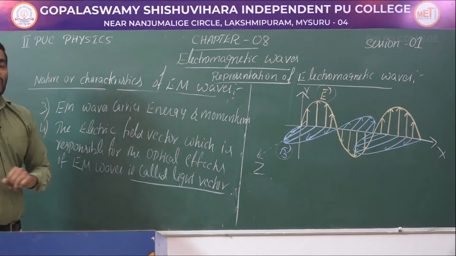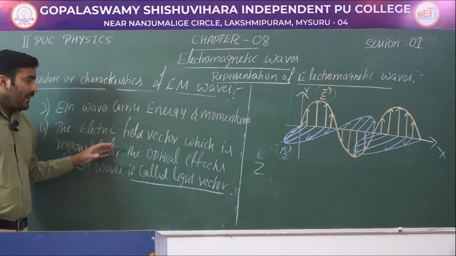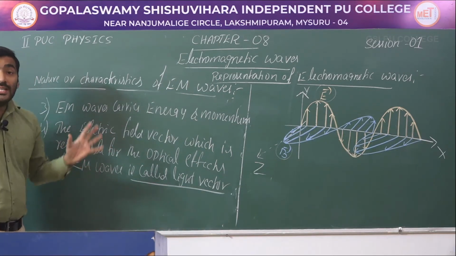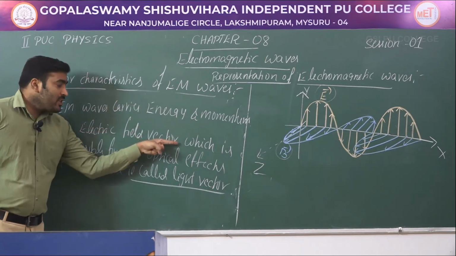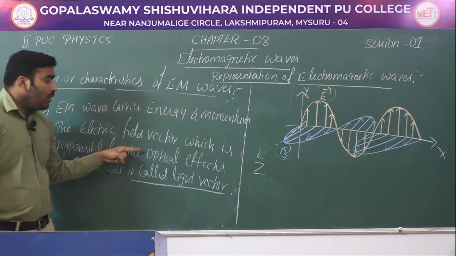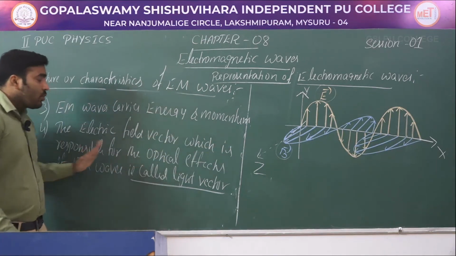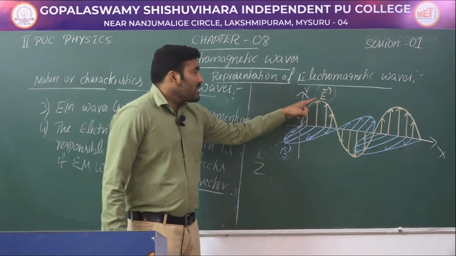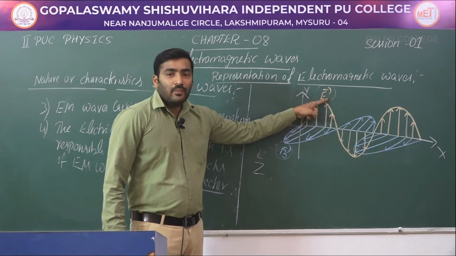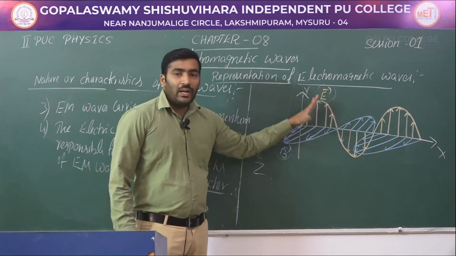See, this is a one mark question for you again. In your examination they may ask what is a light vector. The electric field vector which is responsible for the optical effects of electromagnetic waves is called a light vector. We said that the electric field vector is a sinusoidal variation of electric field.